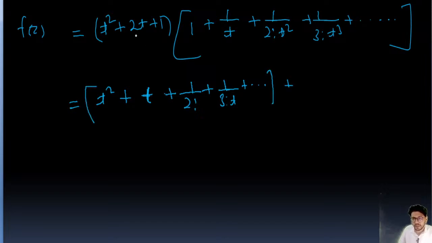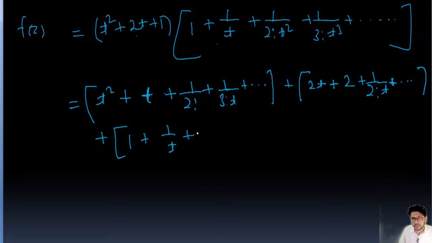Plus I will multiply the series with 2t, this is going to be 2t plus 2 plus 1 upon 2 factorial t, plus so on. We need just the coefficient of 1 upon t. Third, we'll multiply the series with 1, so this is going to be plus 1 plus 1 upon t plus 1 upon 2 factorial t square plus so on.